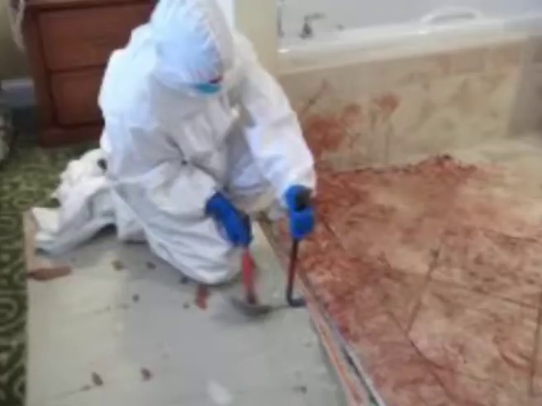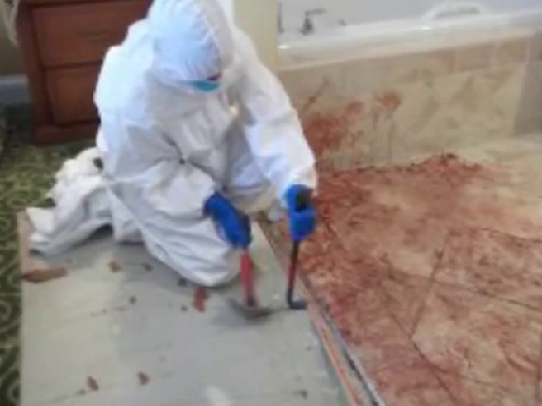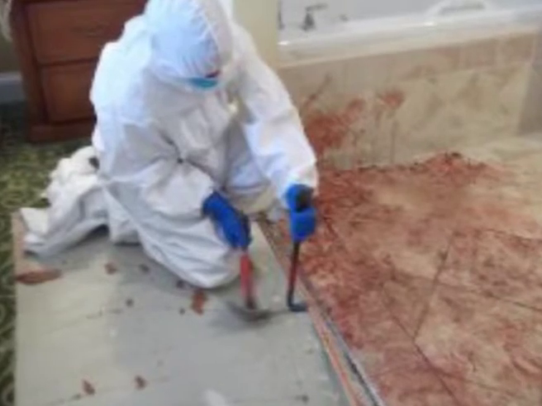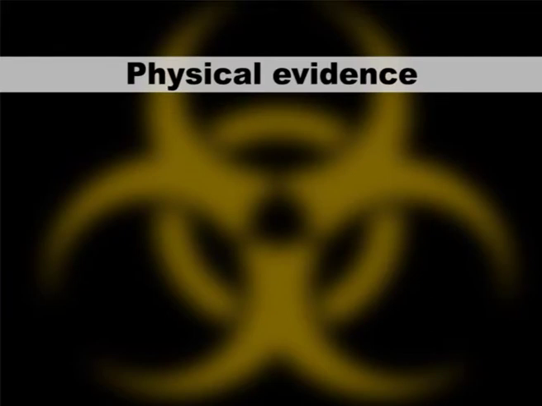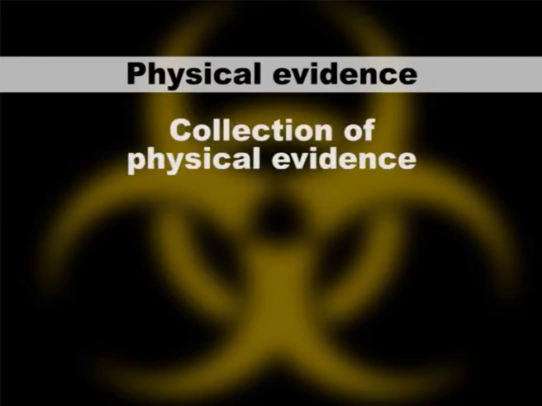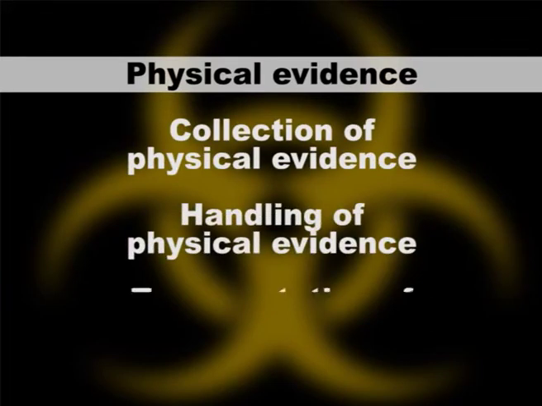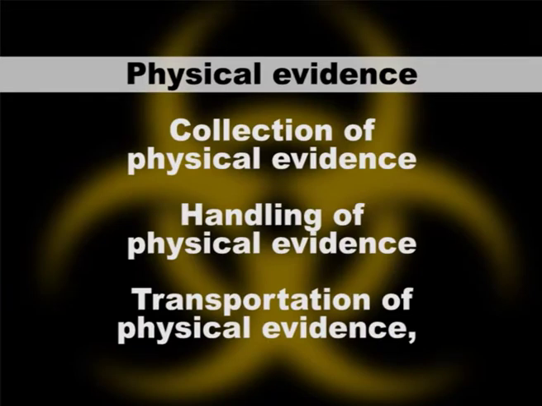As we know, the investigating officer may face this problem or have a high risk of hazard when recognizing physical evidence, collecting, handling and transporting physical evidence, assisting the victim, or during the analysis of physical evidence, etc.